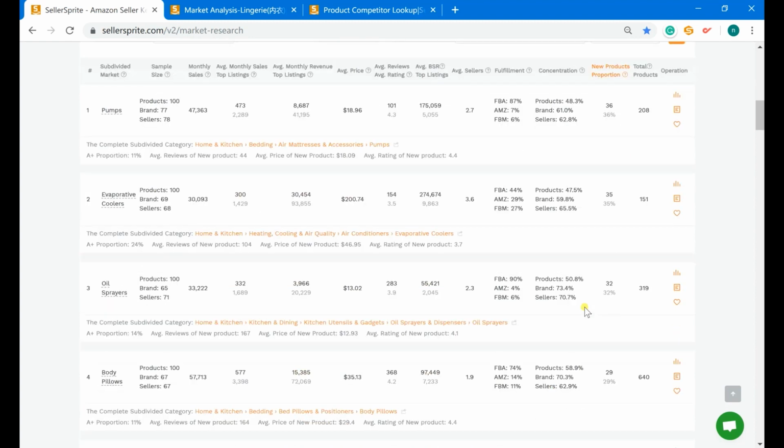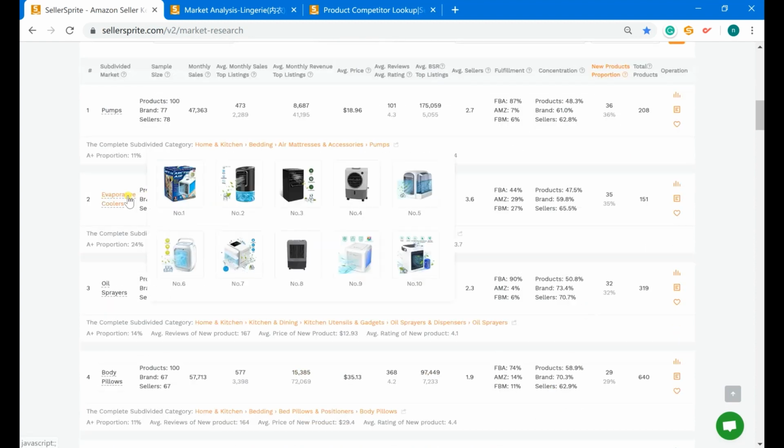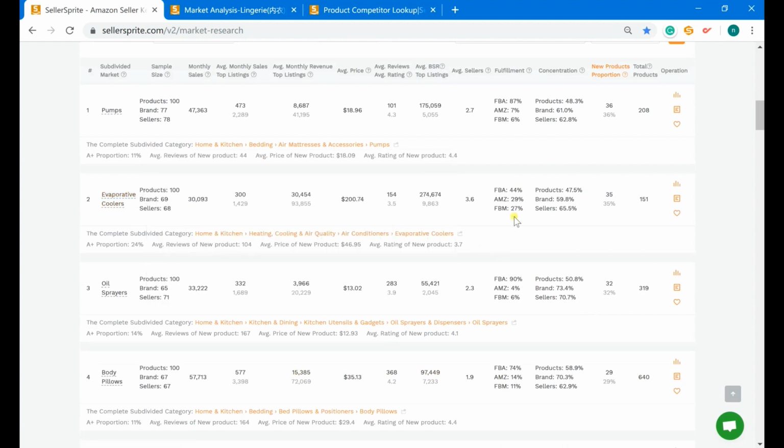The second market is evaporative coolers. Indicators in the report show 3 problems. First, the products fulfilled by Amazon account for a relatively high proportion. Sellers are likely to compete with Amazon directly.